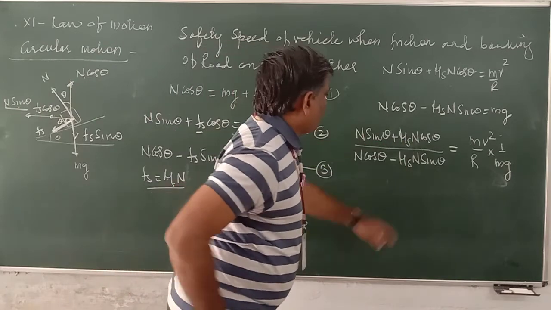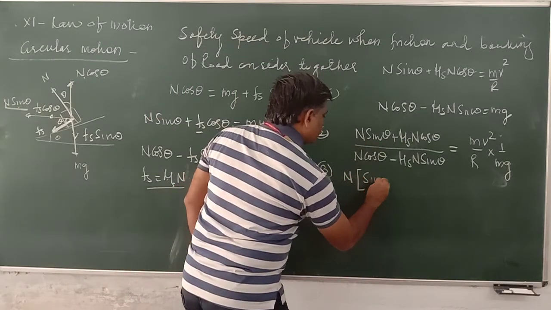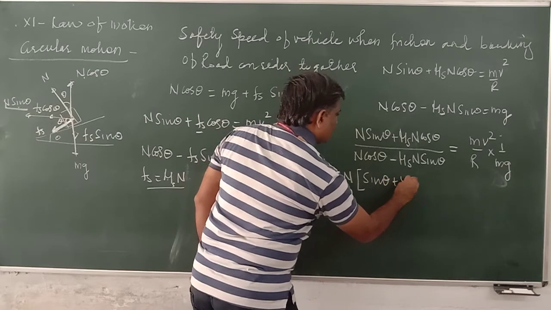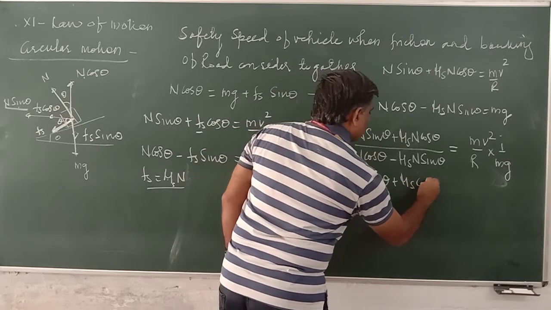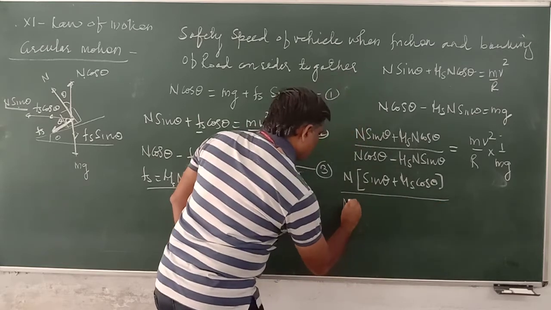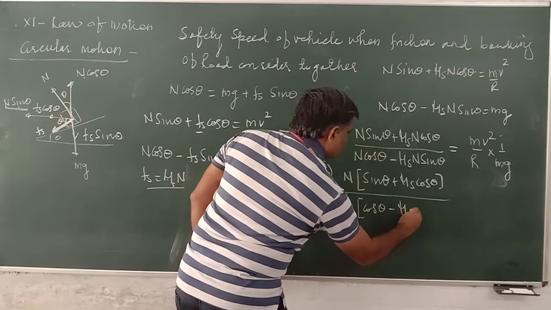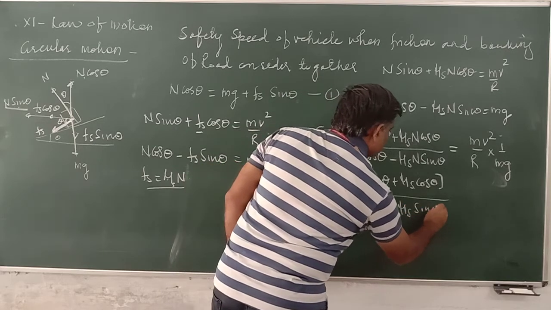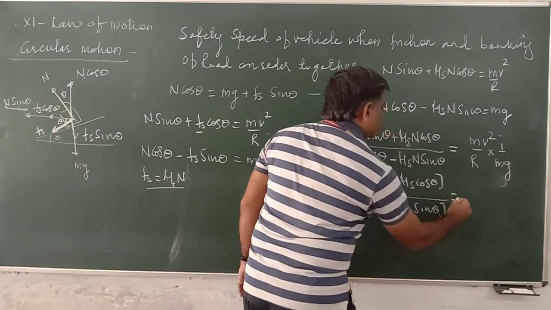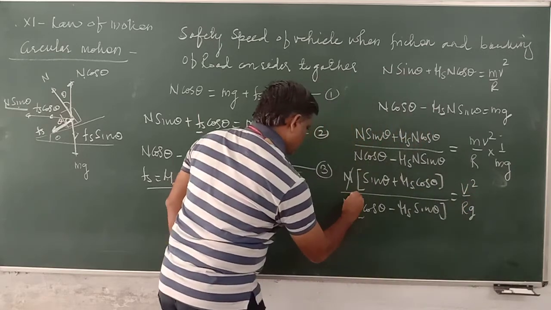Now n is common in all, so we can take n common. It becomes sin theta plus mu s cos theta divided by cos theta minus mu s sin theta, which is equal to v square by rg. N is cancelled.